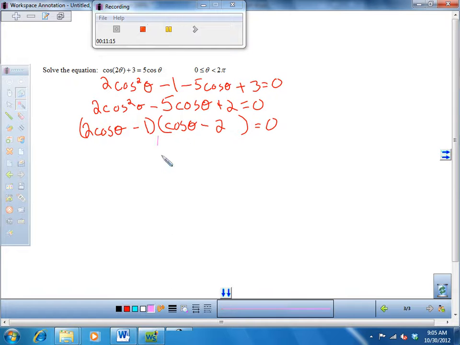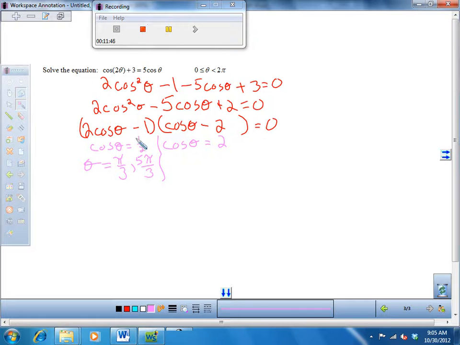Now I draw my little squiggly line again, and I get that cosine theta equals positive 1/2 this time, and here I get cosine theta equals 2. So this gives me theta equals pi over 3 in the first quadrant, and again in the fourth quadrant at 5 pi over 3.